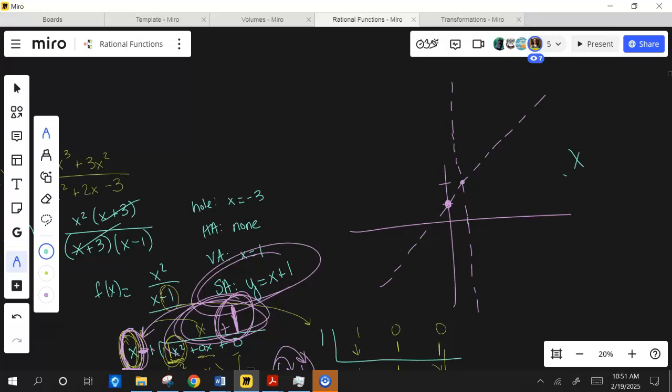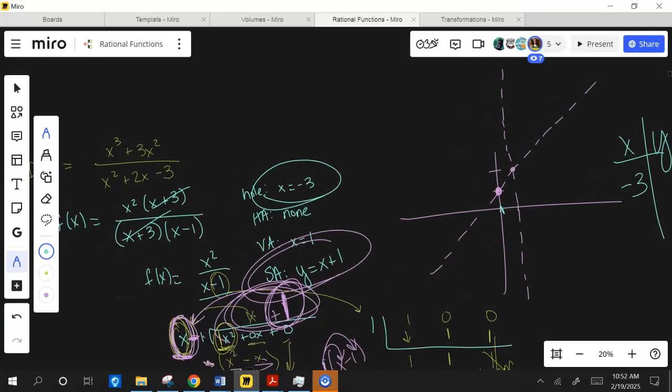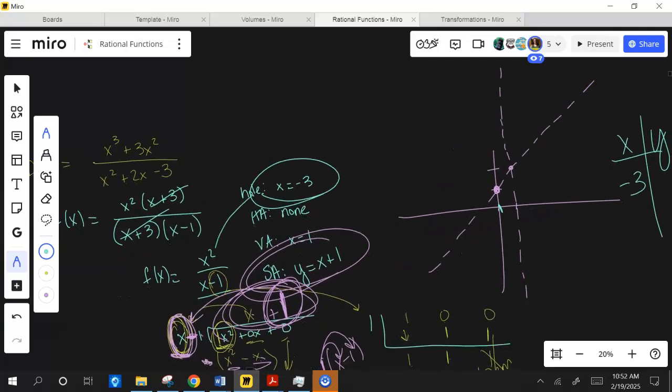So I would go on my T-chart again, and I would pick up some points. Remember, I need at least 2 on either side of every vertical asymptote. So I'm probably going to go 0, but in this case, you really have to look at it, because I also need to make sure I include something in here to find out what's happening. So I'd probably look at that -3 where that hole was. What does that give me?